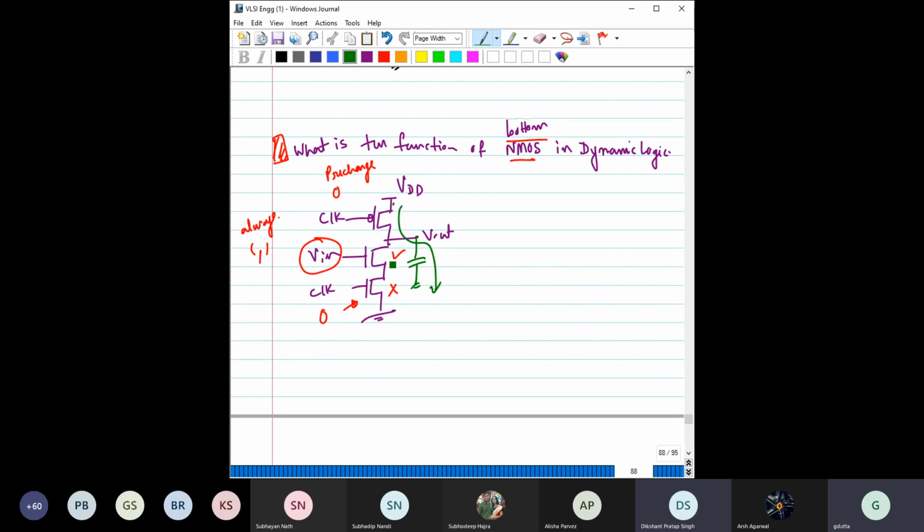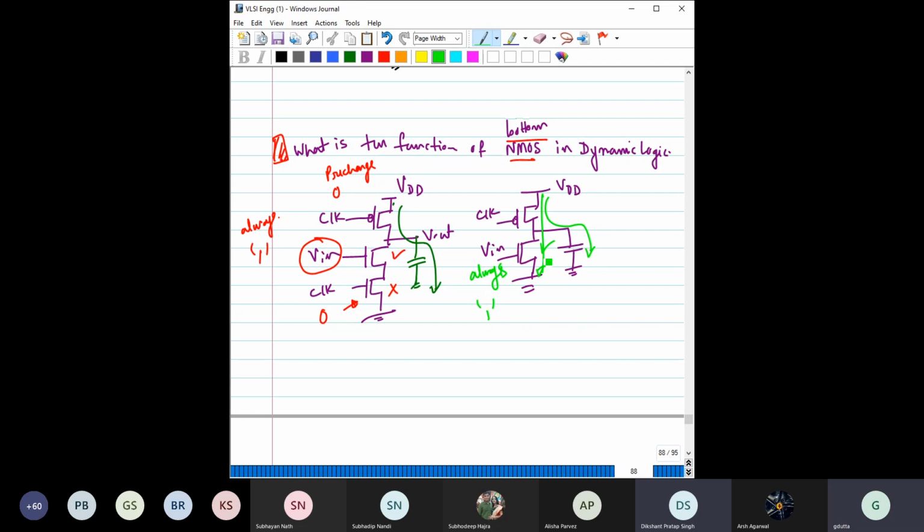Now you think about it. If you have removed this, what will happen? This is V in, this is VDD, this is clock, and you have this capacitor. Now here this can charge, but as this is always 1, this transistor is also on, so you have a direct path from here to here.